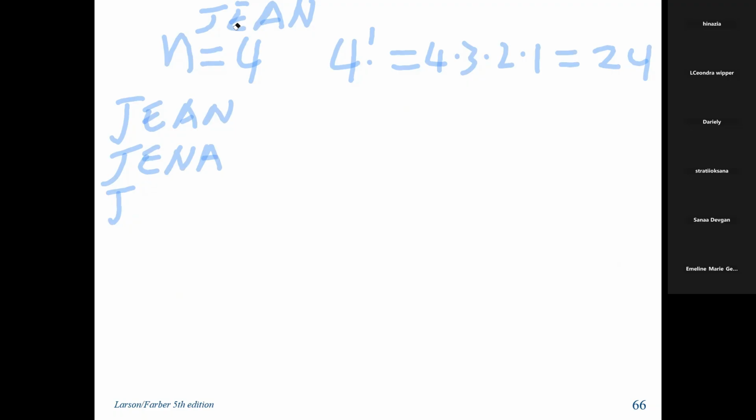I don't think it makes more names than that. It can be Jaen, can be Jnea, can be Jnae.